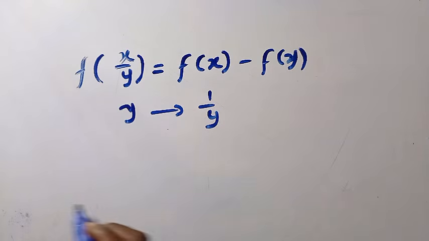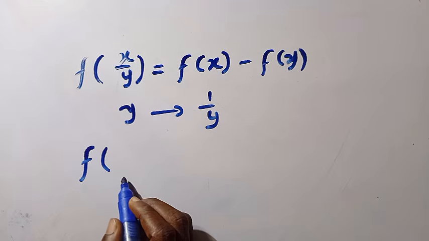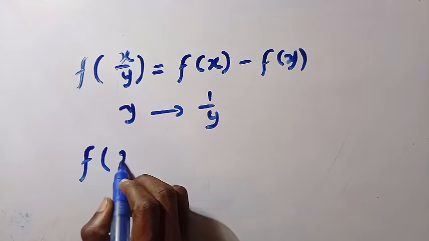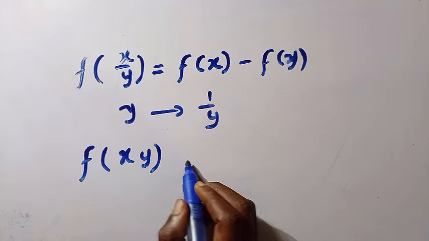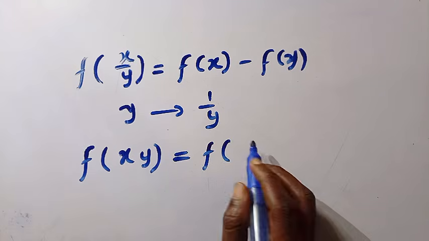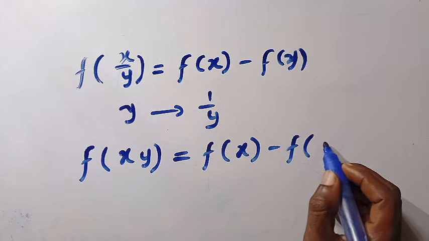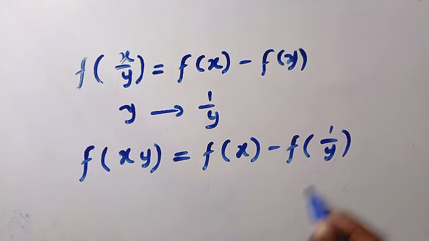Going back to the previous equation, we have f of xy equals f of x minus f of 1 divided by y.